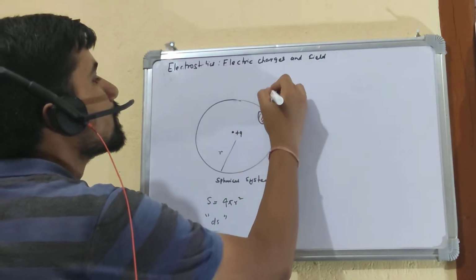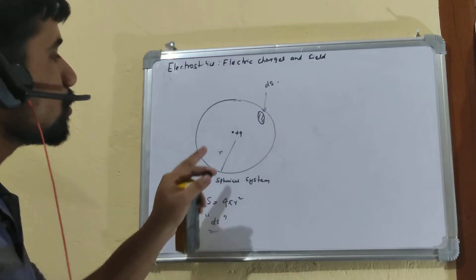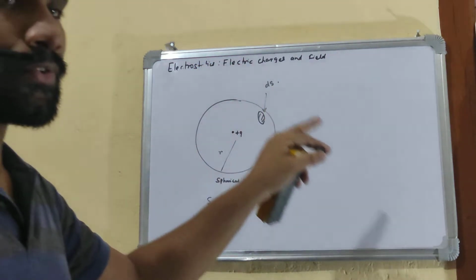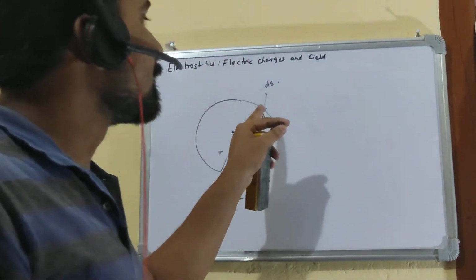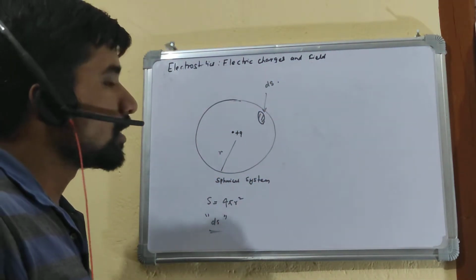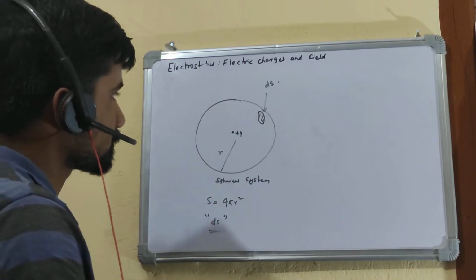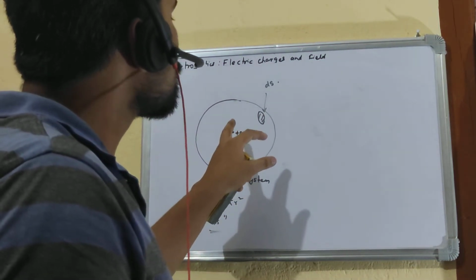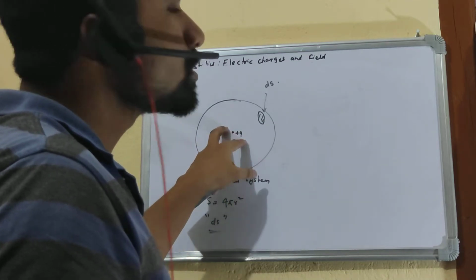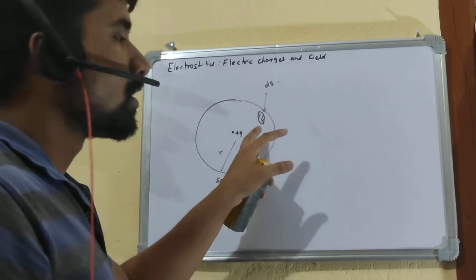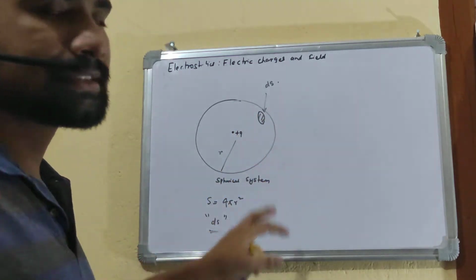I need to calculate the field, or the flux, at this ds. Q is responsible for supplying the field lines, or the electric field, at this ds.